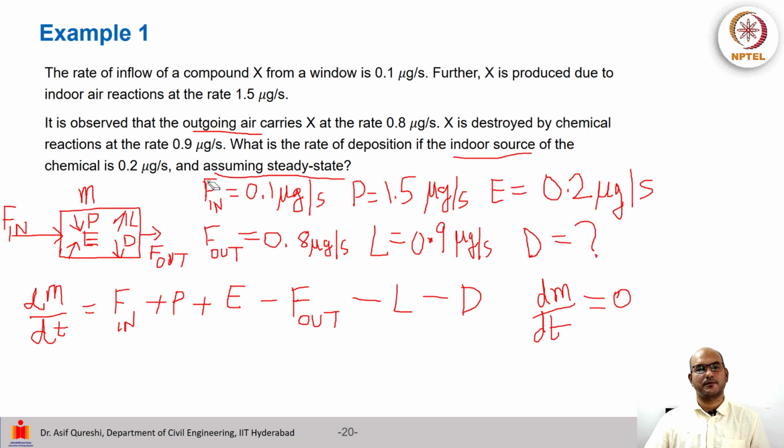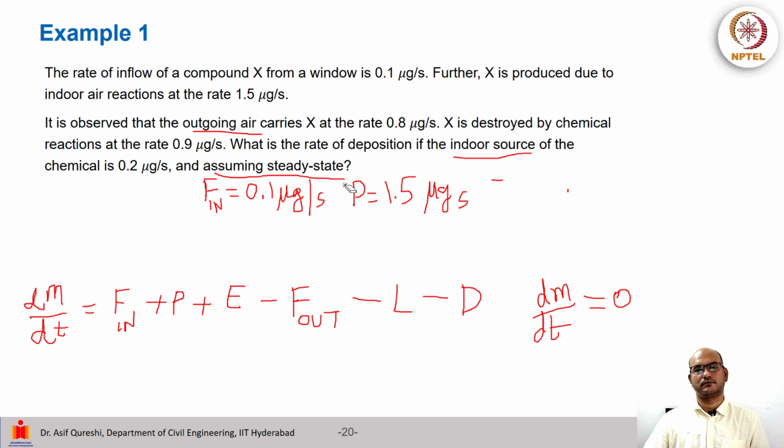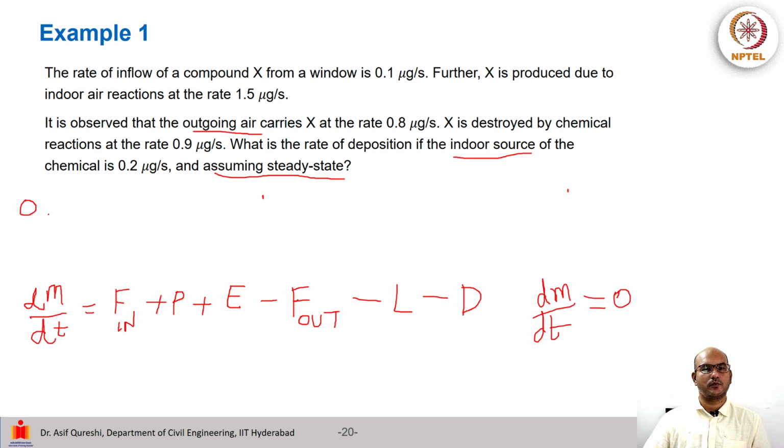So now we have the building blocks of our solution. So I'm going to make some space here. So I'm going to use the values now of F in, P and E. So we have 0.1, which is F in.